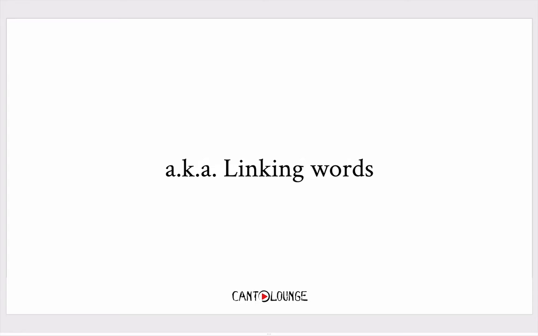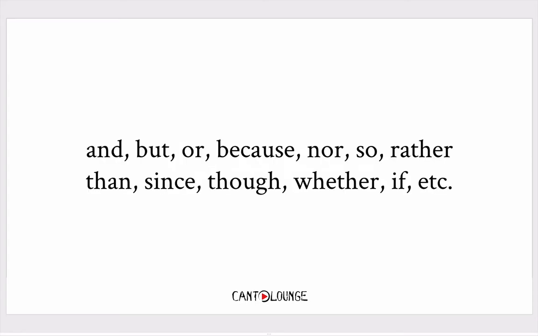And by linking words, we mean words like and, but, or, because, and so on and so forth, that, as the name suggests, link 2 individual phrases together and show some sort of a correlation between them. So for example, and would show that there are 2 things, like a list of things. But would mean some sort of a contrast. And or would imply a choice, and so on and so forth.